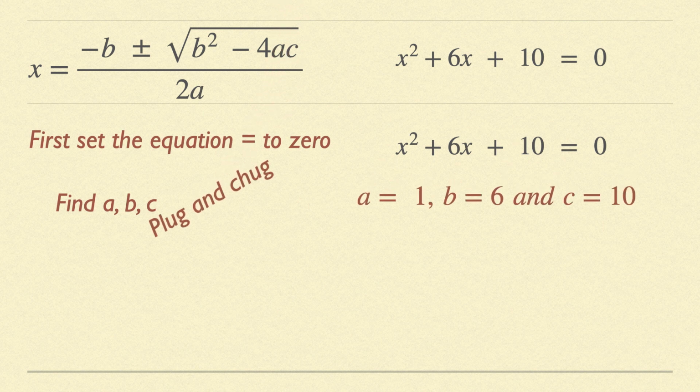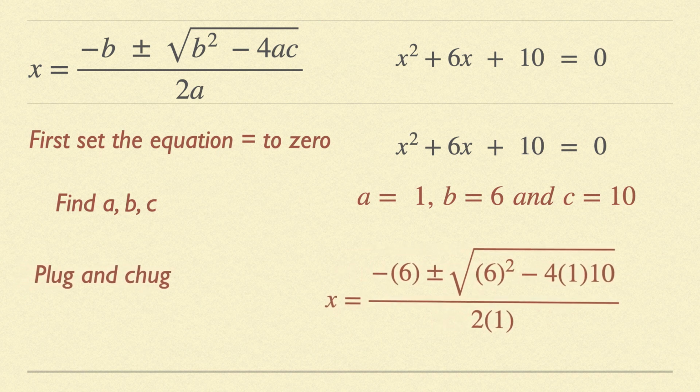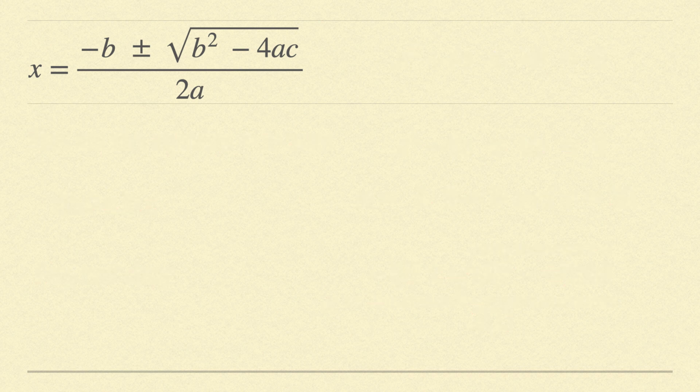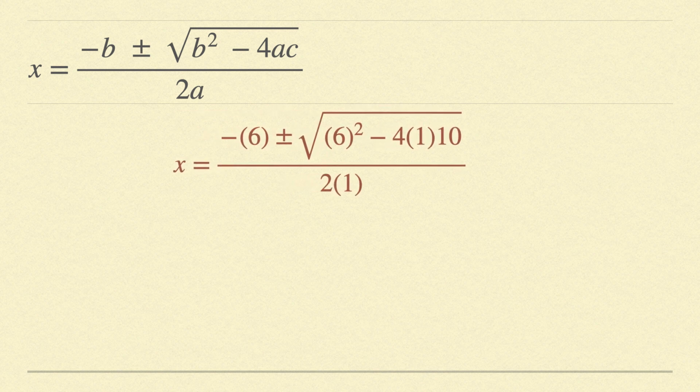Now I'm going to plug and chug. The opposite of 6 plus or minus the square root of 6 squared minus 4 times 1 times 10 divided by 2 times 1. All right. So now, let's go ahead and simplify that.